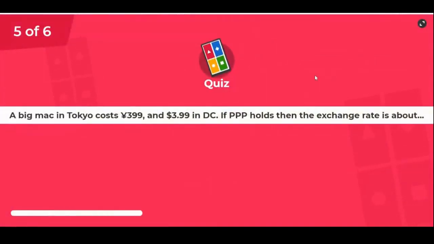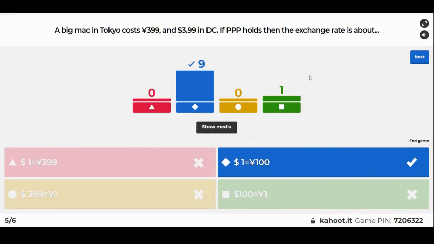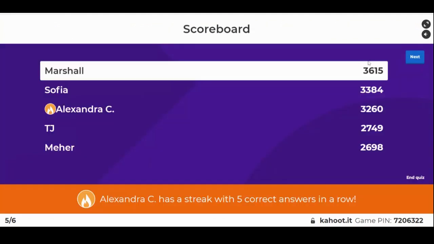Question 5, if a Big Mac in Tokyo costs 399 yen and it costs 399 in DC, what does PPP tell us the exchange rate should be? Or what does The Economist magazine tell us? Very good.